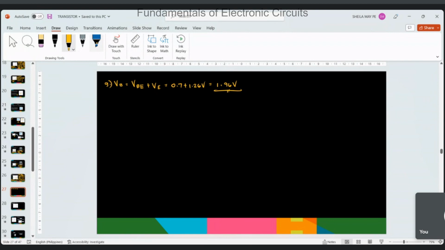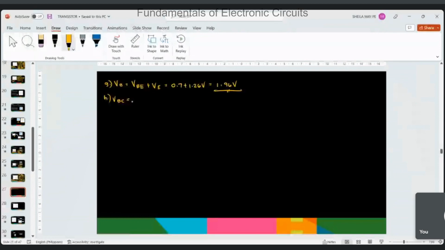And for the last one, VBC. So that's VB minus VC. VB at 1.96 minus VC at 13.62.